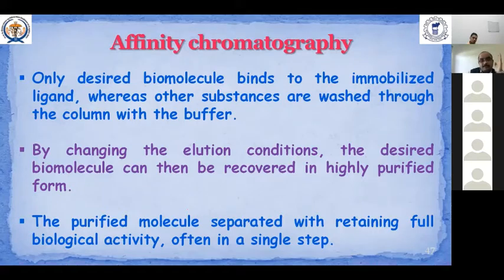And these bound molecules of interest can be eluted by changing the condition, and that results in recovery. The purified molecules are separated with retained full biological activity, often in a single step.